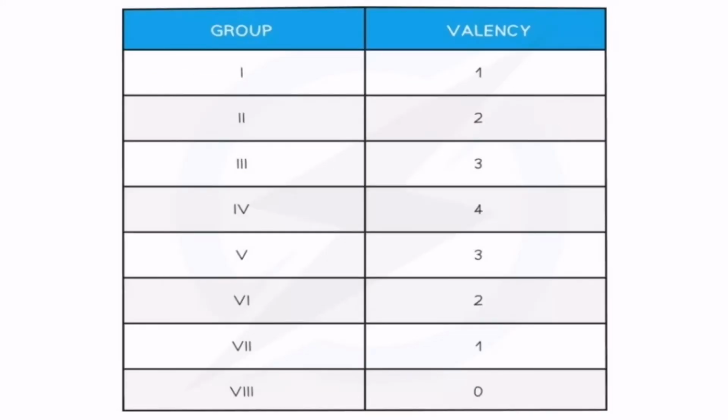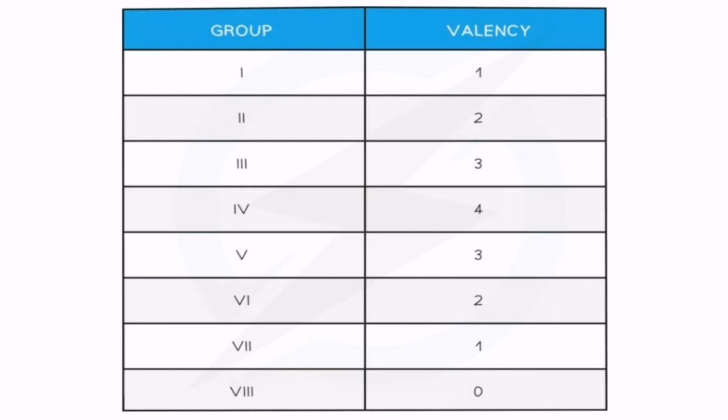For those elements which are in group 1, which include lithium, even hydrogen, sodium, and potassium, they have a valence of 1. It means they can donate 1 electron, because these are metals, and this is their combining power.